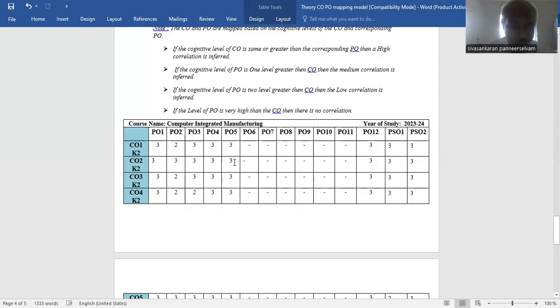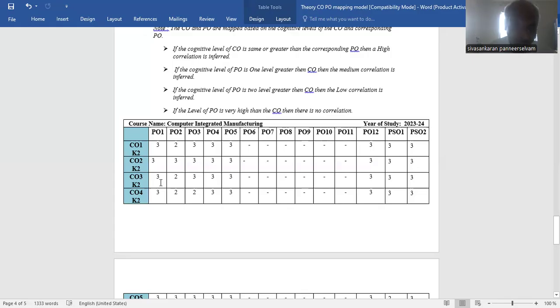Here also course outcome 2 is highly correlated, so the same value 3 is given. And coming to lifelong learning, PO12 with CO2, here also we have high correlation. And for PSO1 and PSO2, the same degree of correlation is maintained for course outcome 2.